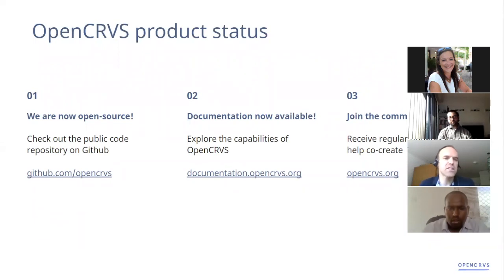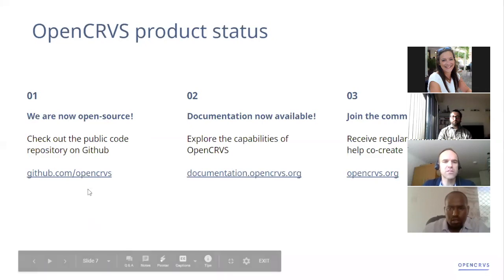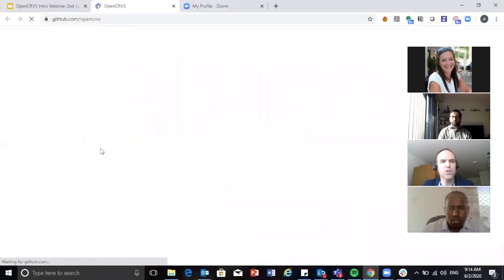In January this year, as a commitment to the CRVS community, we open sourced the source code for OpenCRVS, and now you can access the code in a public code repository called GitHub. So, as that's live, let's have a quick look at this.